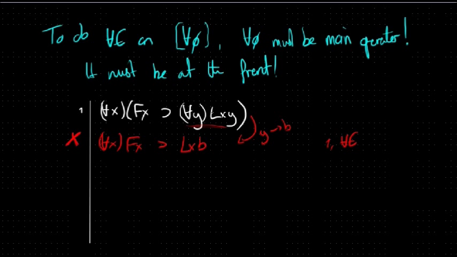Here's the same thing. In order to get at this, we need to get it on its own. We need to have AY as the main operator of that formula. Okay. So let's just say AY not main operator.